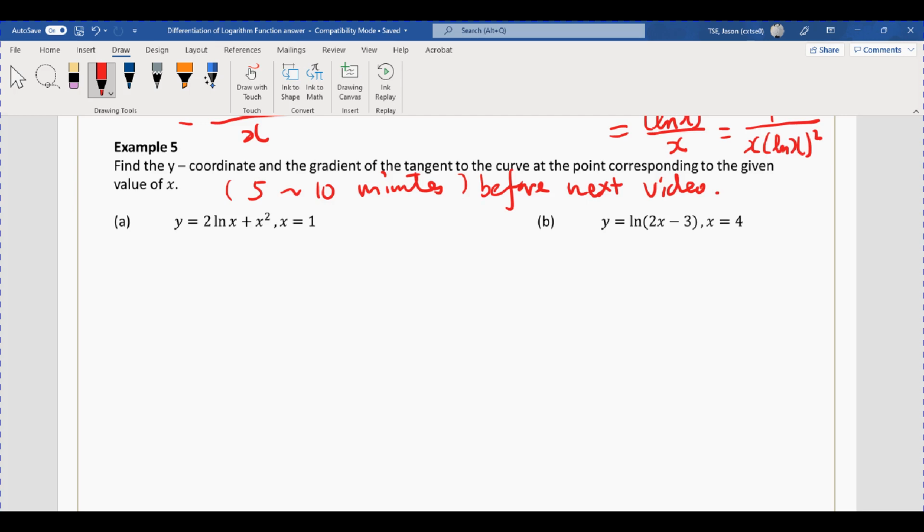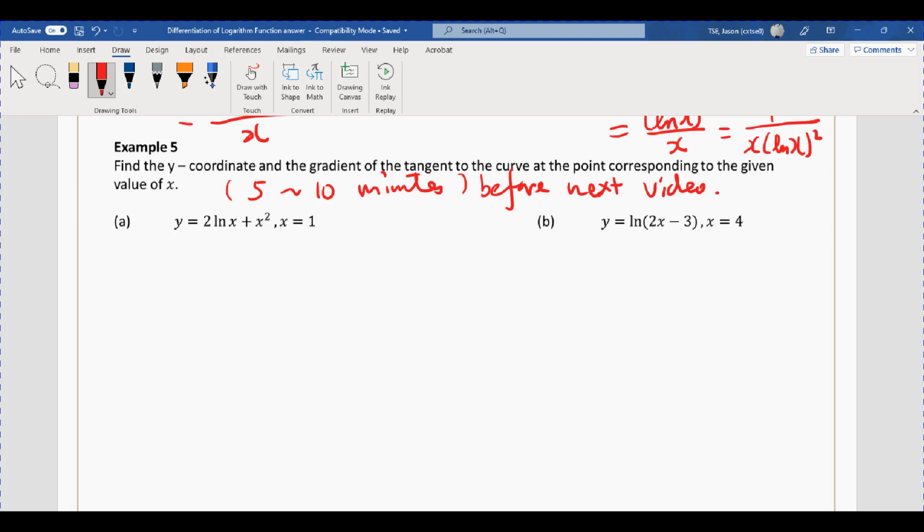Okay, so I'm going to do my solutions right here so you can have a look if you can't get your solutions. All right, so for the first one, this is y equals 2 times log x plus x squared. So you see that there are two parts, the addition of two different functions.